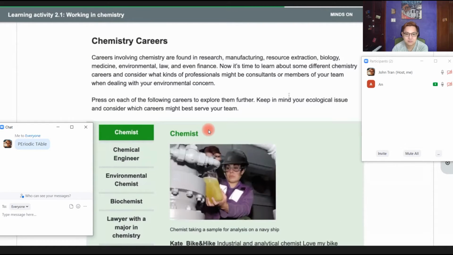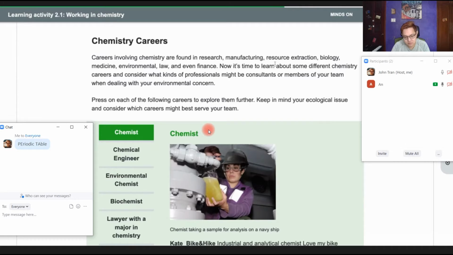Chemistry careers. Careers involving chemistry are found in research, manufacturing, resource extraction, because there's a lot of related fields: biology, medicine, environmental law, and even finance.